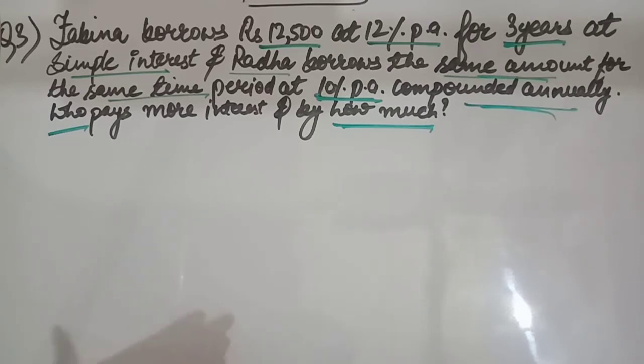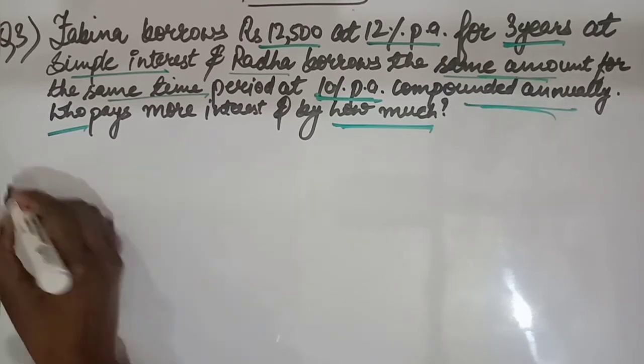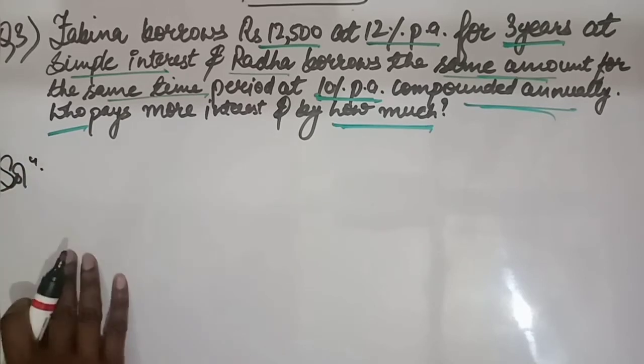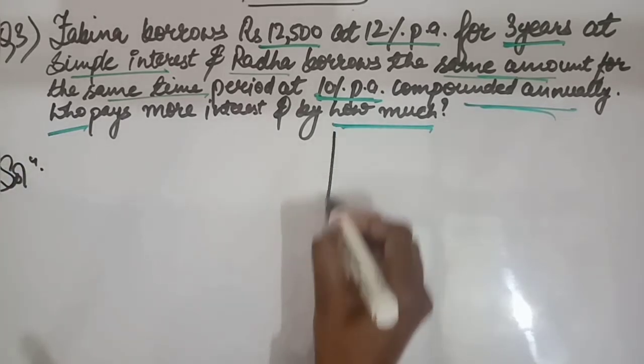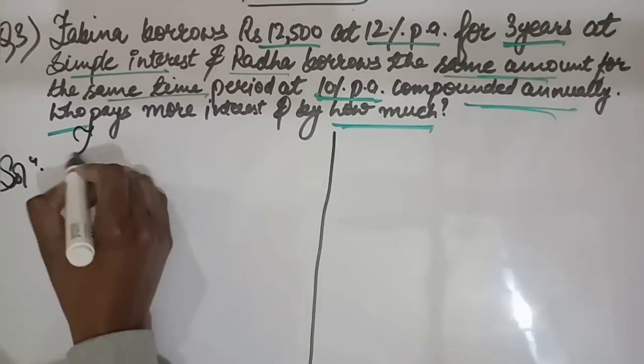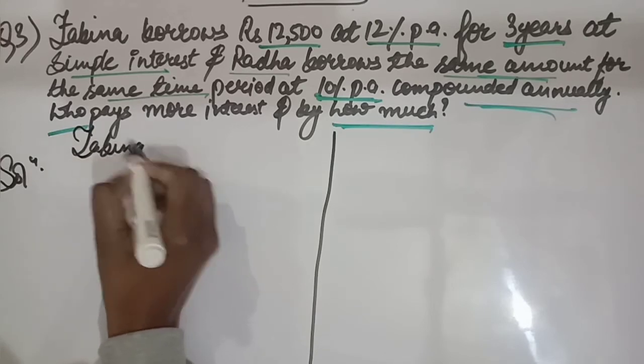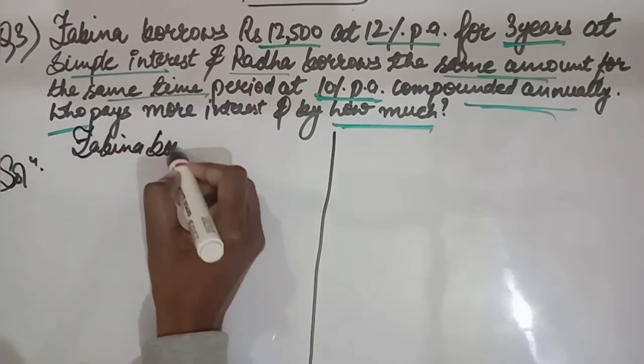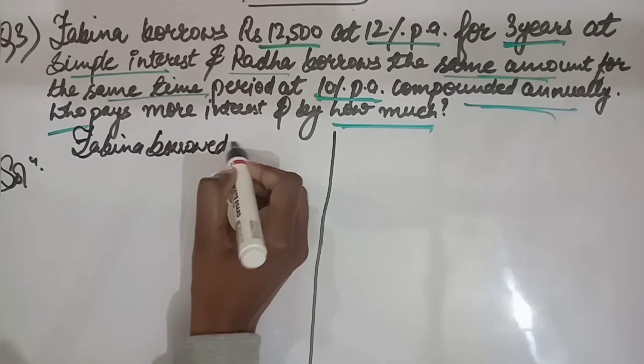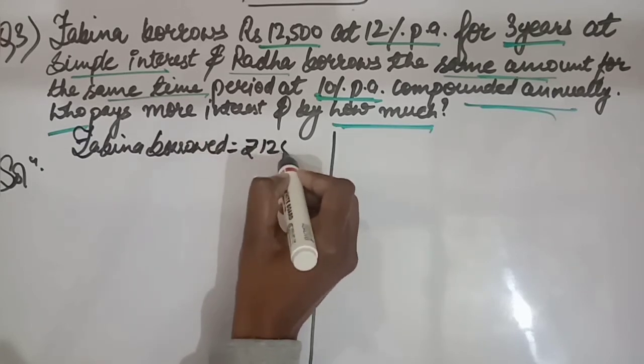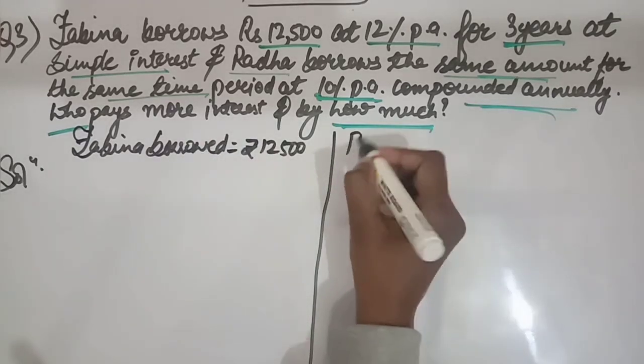Fabina and Radha had borrowed the same sum of money, right? And for the same time period, but the rate of interest and type of interest is different. So let us begin. Fabina borrowed rupees 12,500. Same for Radha.